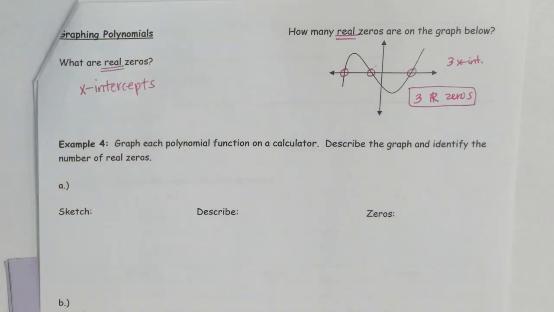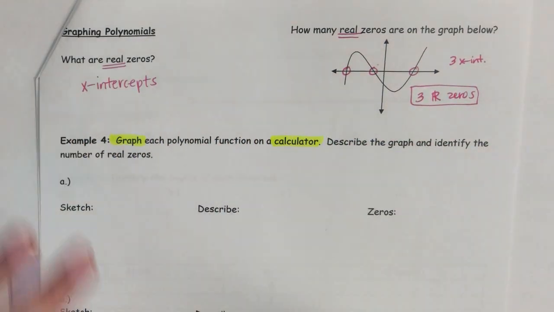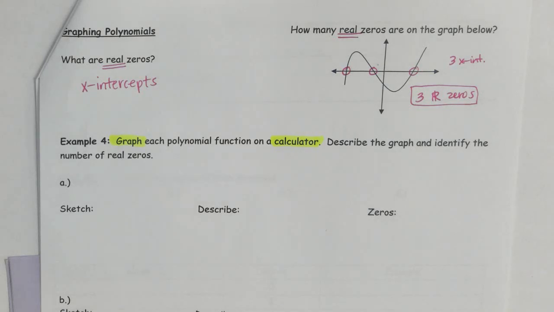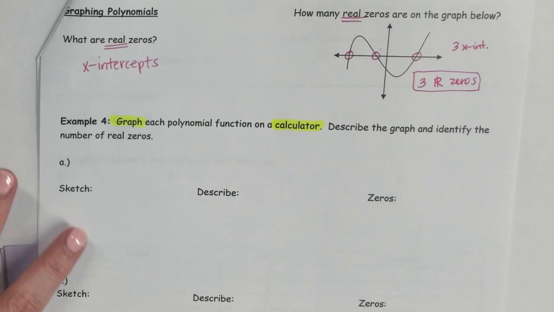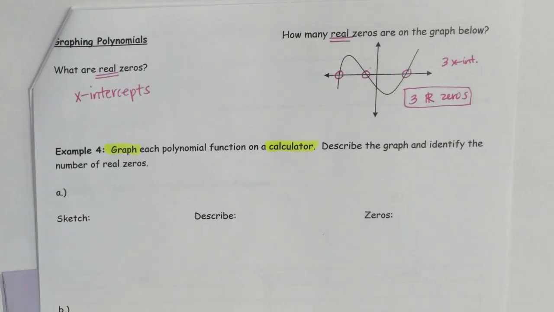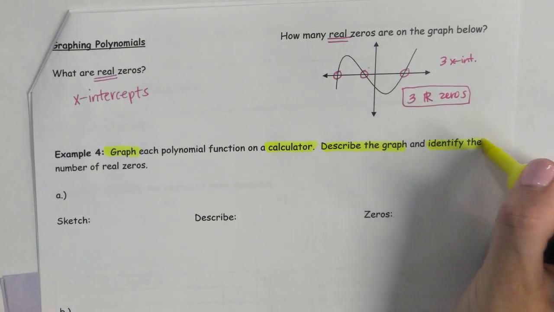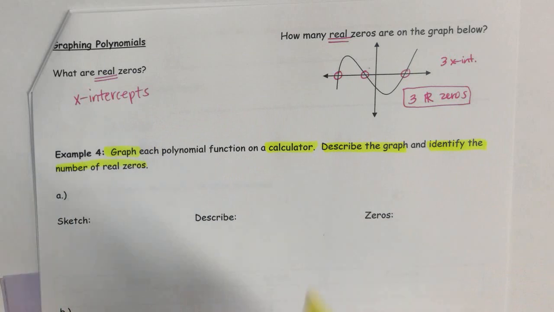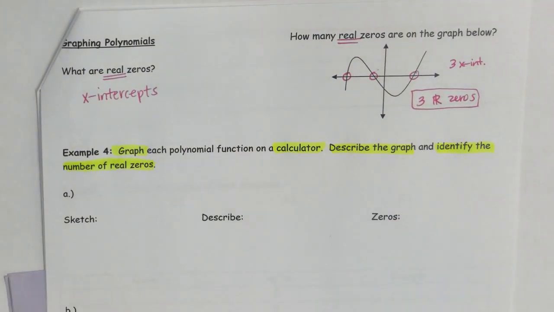So what we're going to do is graph the polynomial function on a calculator. When you're doing that on your homework, I just want a rough sketch of the graph, and we'll do that first part together. Then we're going to describe the graph and identify the number of real zeros, and we'll talk about what specifically that description has to include.